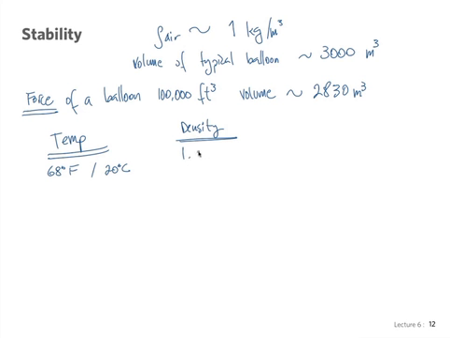At this temperature it is 1.2041 kilograms per cubic meter. And if you heat it to 210 Fahrenheit or 99 degrees Celsius, the density is 0.9486.